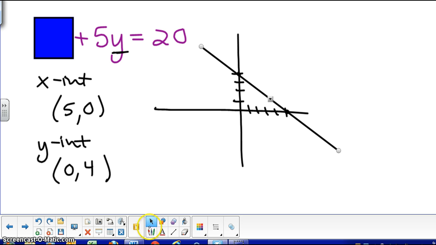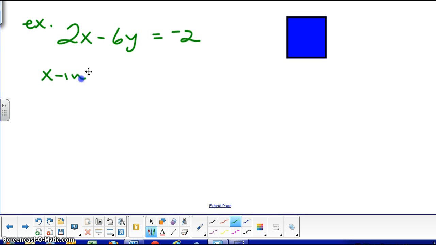Okay, so let's go on to the next one using the x and y-intercepts and the cover-up method. The next one is 2x minus 6y equals a negative 2. Okay, so by finding the x-intercept, we are going to plug a 0 in for y.